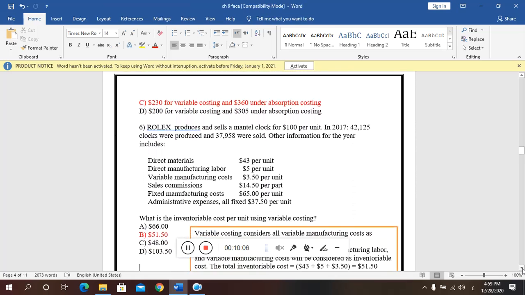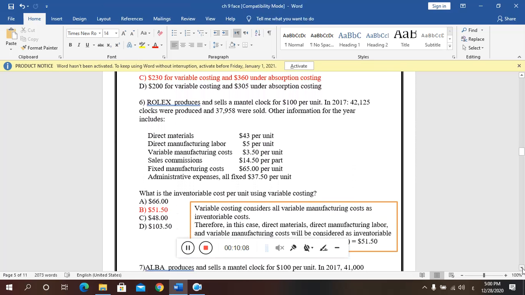Number 6, Rolex produces and sells a metal clock for $100 per unit. In 2017, 42,125 clocks were produced, which is the number of units produced, and 37,958 units were sold.